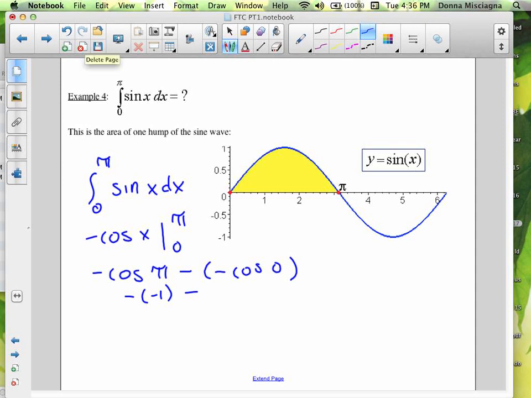And then minus, all right, so cosine 0 is 1. So now we've got minus a negative. That's going to be plus 1. So this becomes a positive, and our answer is 2. That's the area under the sine wave. It's 2. Nothing with a pi. It's exactly 2, interestingly enough.